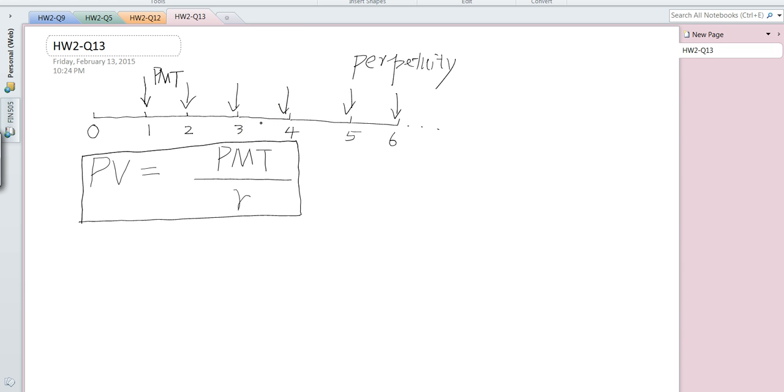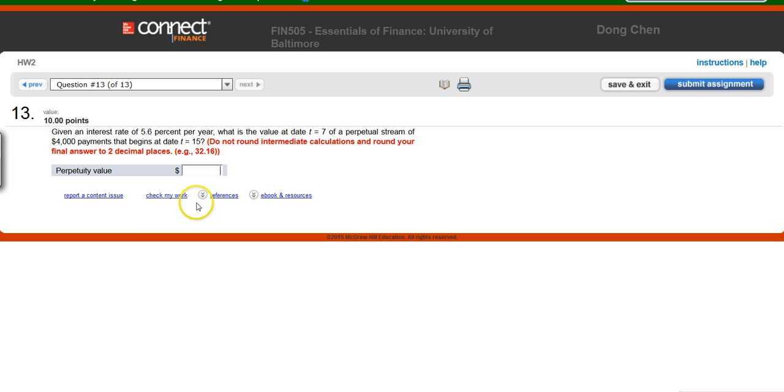So now I want to use an example. As I said, question number 13 in homework 2, to show you sometimes it might be easy to forget what we just talked about. So this question reads, given an interest rate of 5.6% per year, what is the value at date t equals 7 of a perpetual stream of $4,000 payments that begins at date t equals 15?